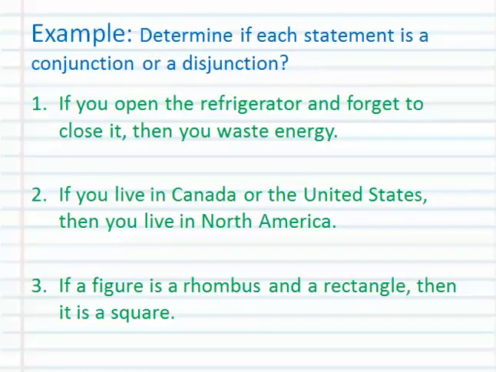Okay, an example. Determine if each statement is a conjunction, which is the word and, or a disjunction, which is the word or. If you open the refrigerator and forget to close it, then you waste energy. Again, the word and makes this a conjunction.